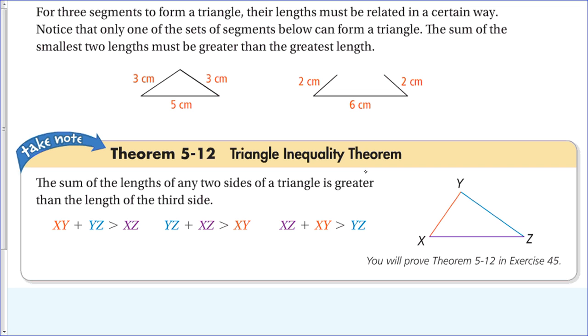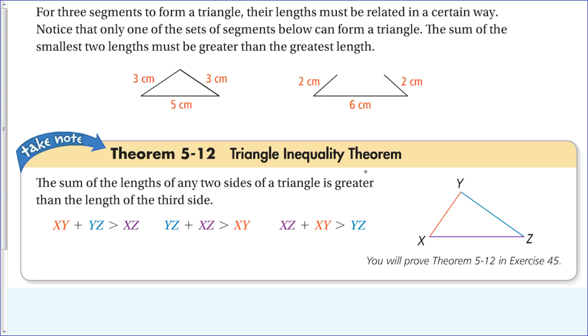Now this might look a little confusing, but I'm going to clear it up. It says for three segments to form a triangle, their lengths must be related in a certain way. Notice that only one of the sets of segments can form a triangle. The sum of the two smallest lengths must be greater than the greatest length.